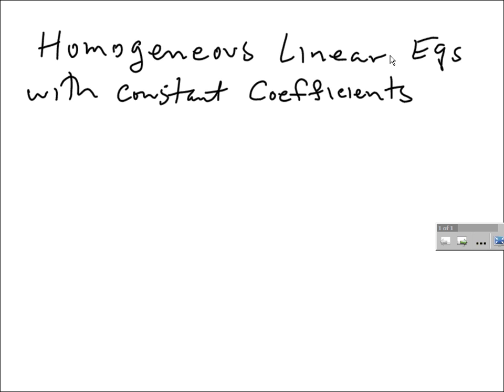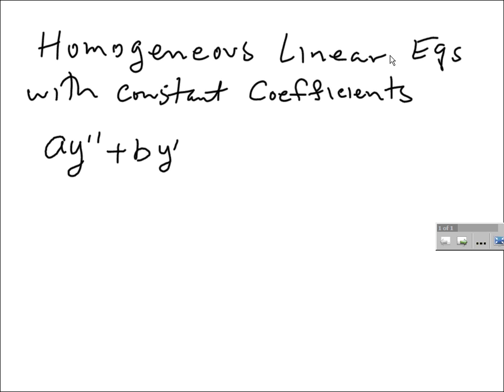Let's look at a second order homogeneous linear equation with constant coefficients. You can have a constant times y double prime, where a is not 0. That's what made it second order. Plus a constant times y prime.